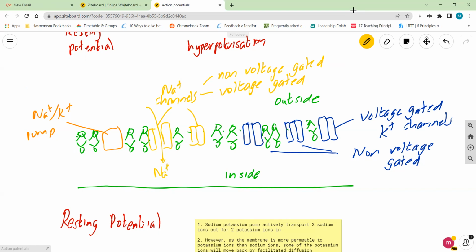And that will bring the inside of the membrane to about minus 55 millivolts. And once it reaches minus 55 millivolts, that is enough to then open up my voltage gated sodium channels, more sodium ions diffuse in, and then you go from minus 55 to plus 40, which is your action potential.